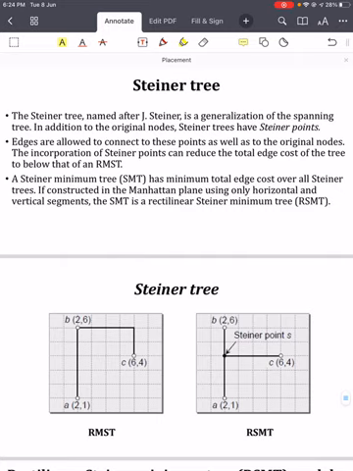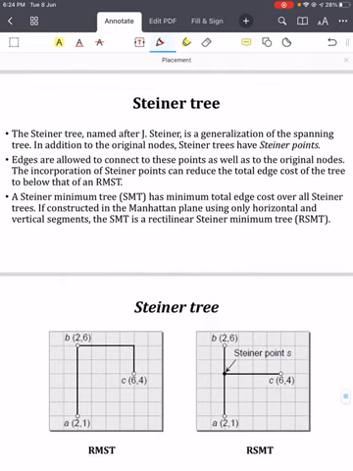Now here is an example of a Steiner tree. These are the 3-node spanning trees. So this is a spanning tree, right? So this is a rectilinear spanning tree, but this is not a Steiner tree because we have only connected them, and the branching is there only at the node or at the pin locations.